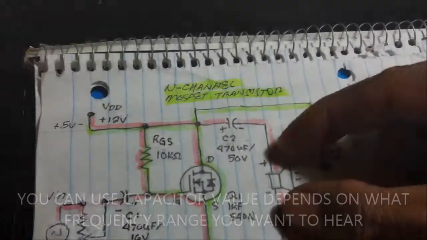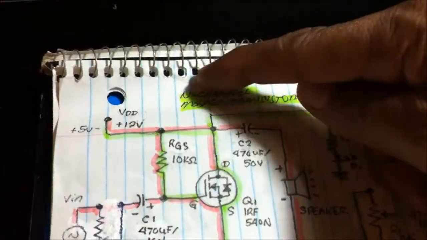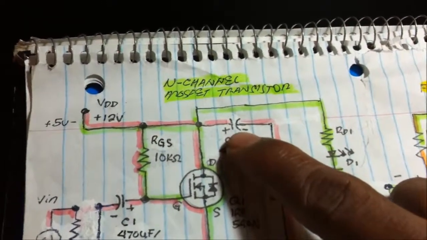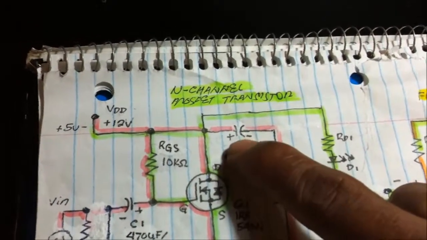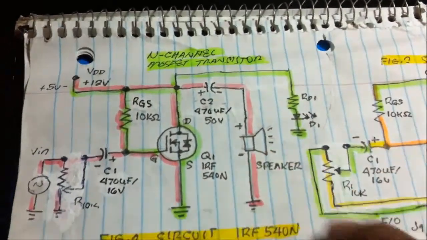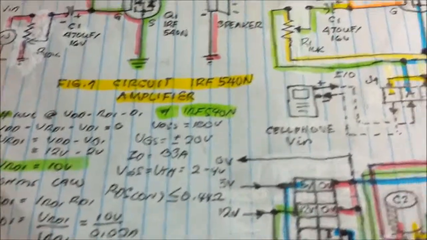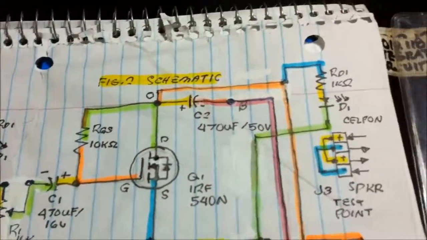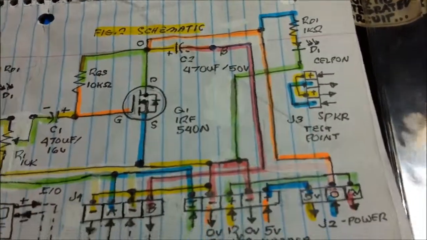Can you connect a speaker here in series? You can also connect, but I didn't use that because I need a capacitor here to make the quality of sound much better. So now this is my schematic using the header.